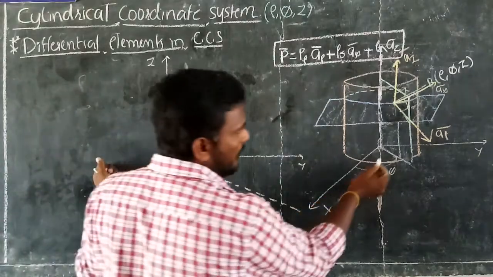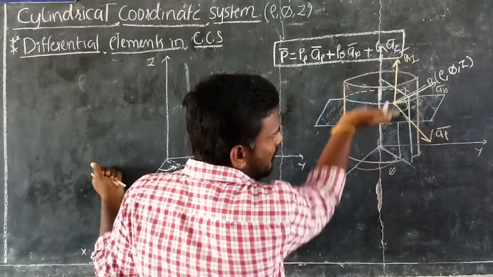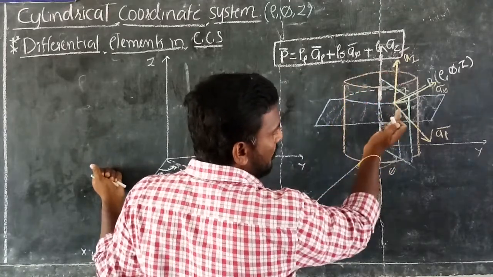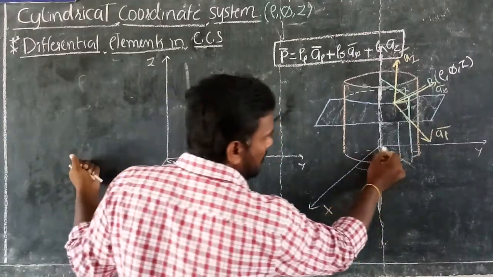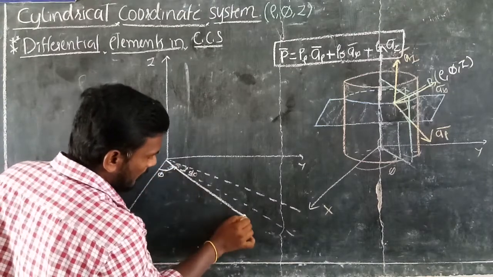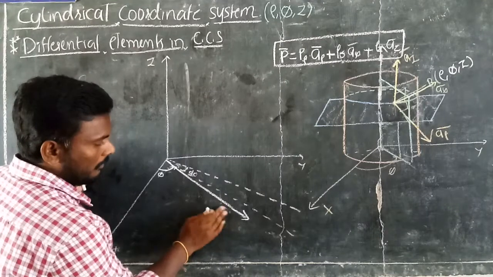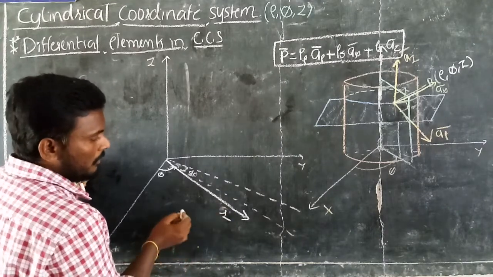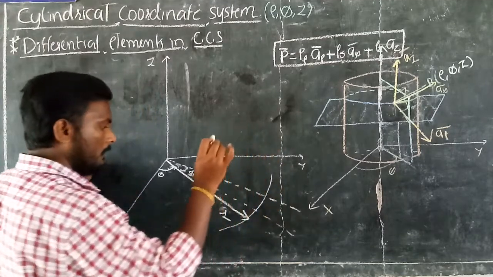Now see, draw the radius of the cylinder. We have two surfaces, bottom surface and top surface, and the lateral surface, but in the bottom surface I am drawing the radius here. So this is the radius. How much radius is it having? Small r. Okay, so draw an arc like this.